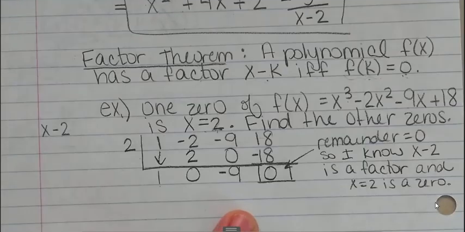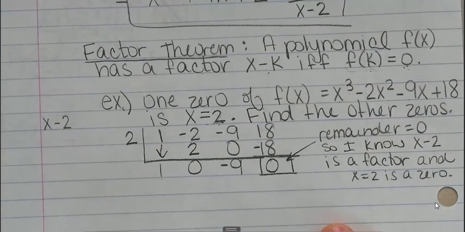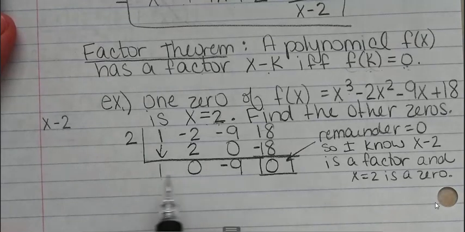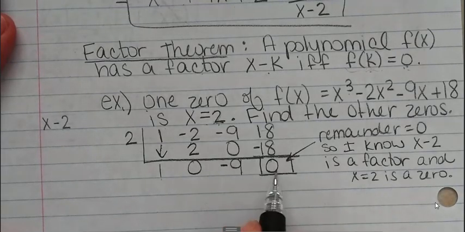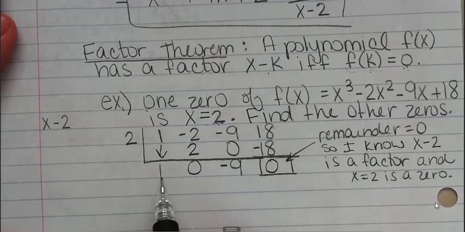Okay, so just a little bit more notes on there. So what I'm left with now, that was my remainder. I don't need to write anything for that. This is going to be my constant, my linear, my quadratic terms.